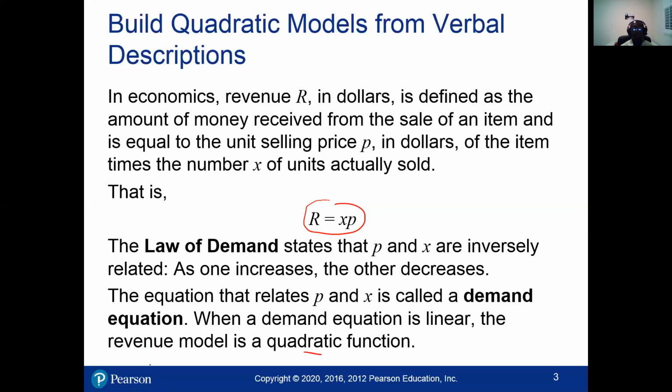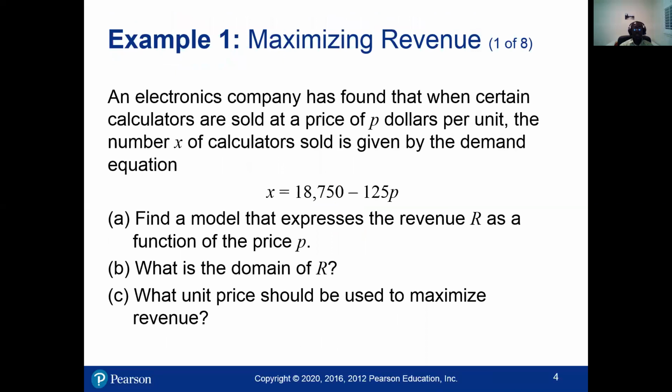Now here we want to take an example. Say maximizing revenue, example 1. An electronics company has found that when certain calculators are sold at a price of P dollars per unit, the number X of calculators sold is given by the demand function. So this is your demand function. Okay.